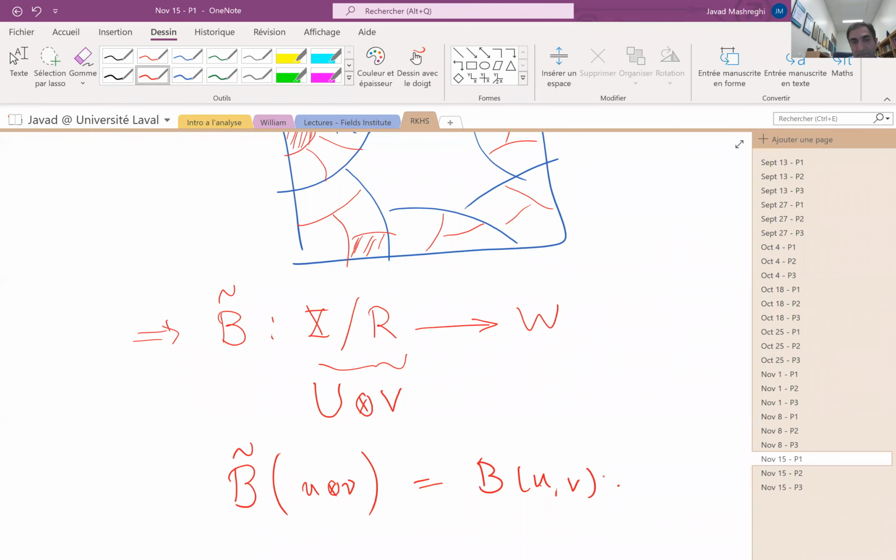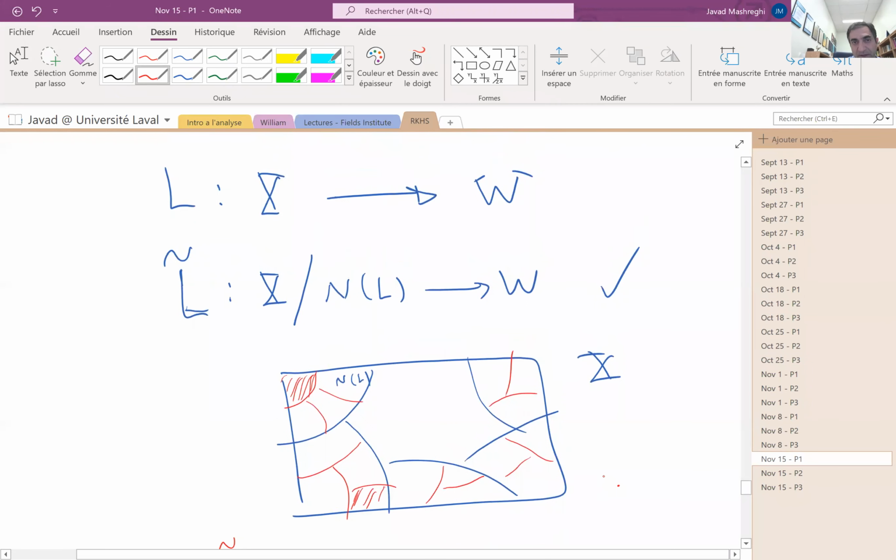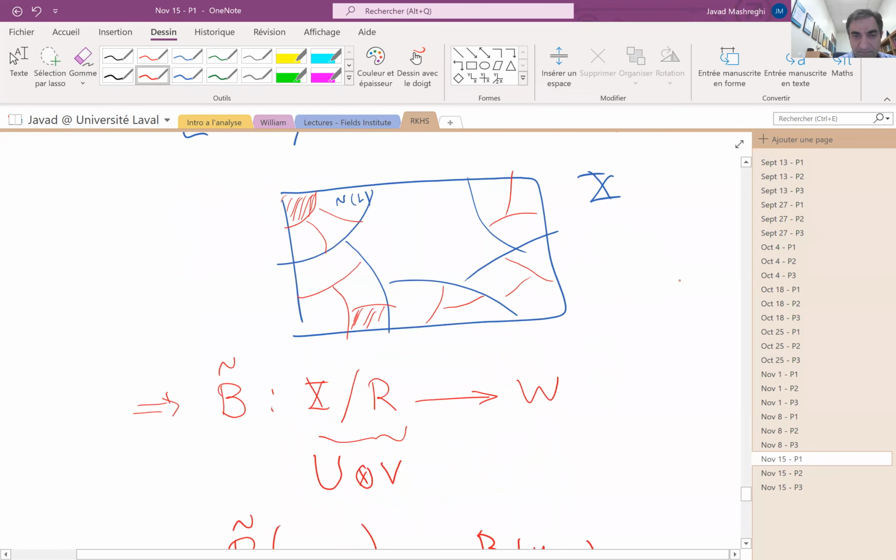So note that the definition that we have here, we define L tilde at a coset to be equal to L of X, and the same here.